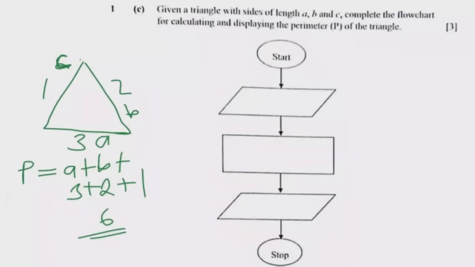So what you need to do in a flowchart is you just input what is given. We are given the measurement of A, B and C. Then what we need to do is enter the formula.